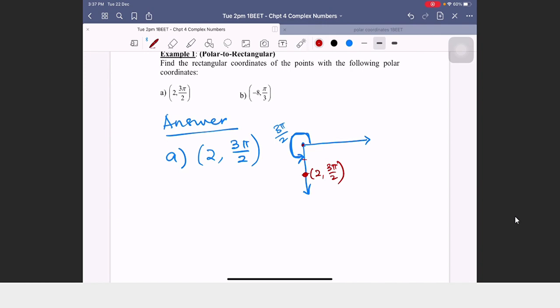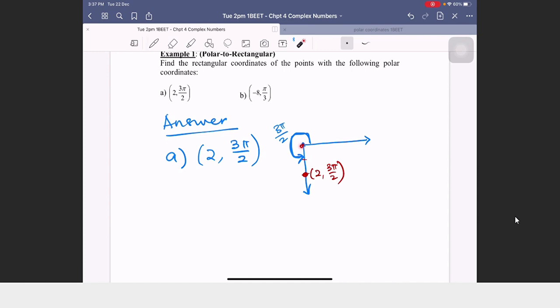Okay, now let's say I haven't computed yet using the conversion formulas, but logically, if you were to map this diagram on the rectangular coordinate system.